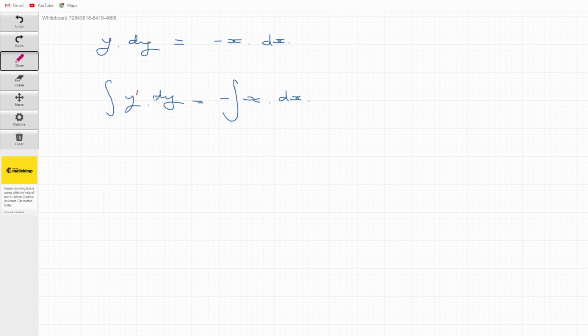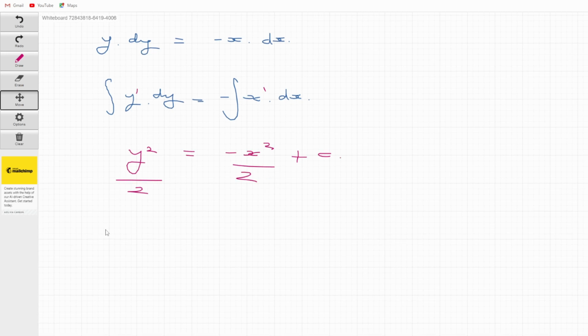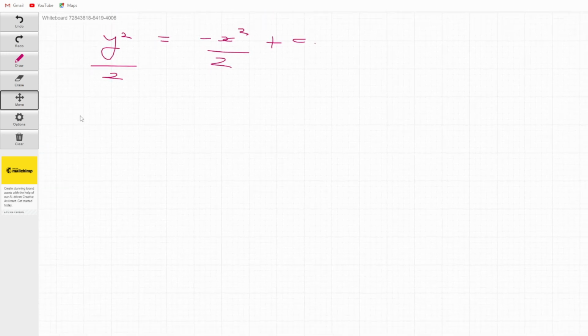So that's integration. This is how I think about it. This is y to the power 1. This is x to the power 1. You increase the power by 1 and divide by the new power. And then here, you increase the power by 1 and divide by the new power. And then you have to add a constant. And we've almost finished.